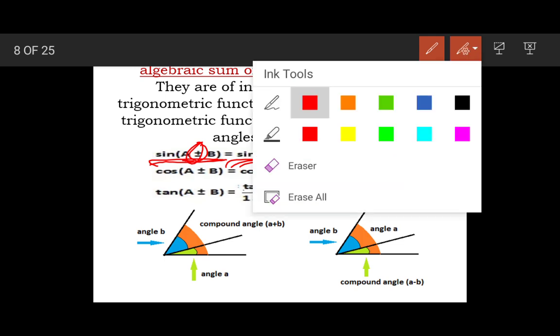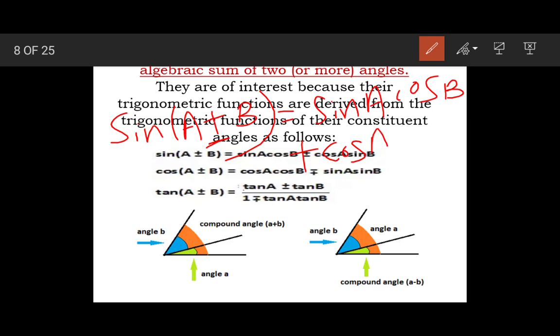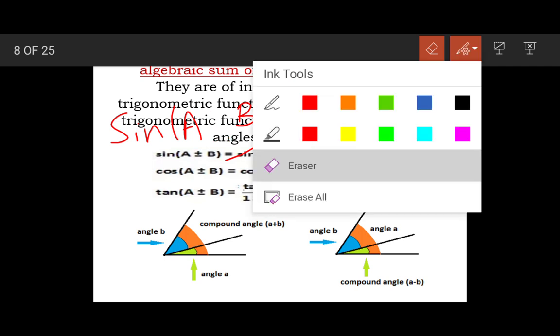Then for sin A minus B, the formula is sin A cos B, minus cos A sin B. Once again, for sin A plus B, the pair will be sin A cos B. Since it is plus, here will come plus, then cos A sin B. Now if the sign is minus, then what will be the change?